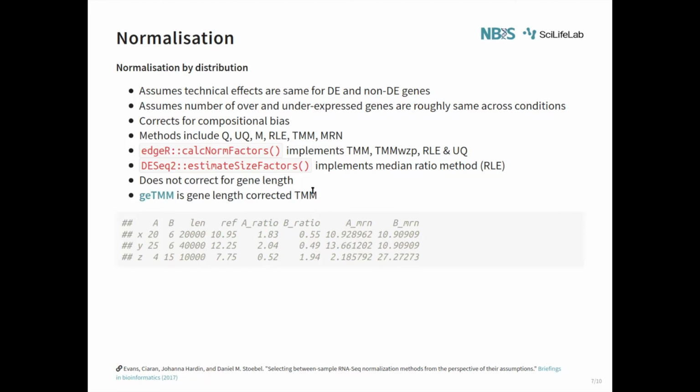Then this is that. It's a TMM normalization which corrects for everything, including gene length. I haven't used it myself. Has any of you used it? No? Okay, but it's there. There's a paper, and feel free to go look into it.